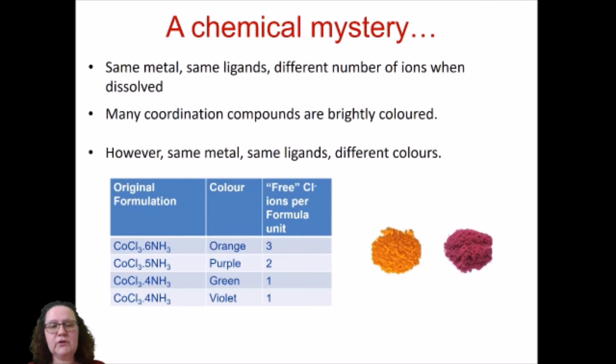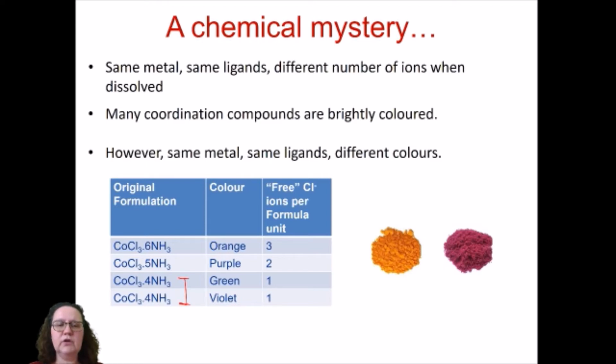That was quite peculiar in itself, because how could 2 compounds that allegedly have the same formula have different colors? Also, even if they all have 3 chloride ions in that formulation, when those compounds were dissolved in water, they liberated a different number of chloride ions per formula unit. That again was quite a mystery.